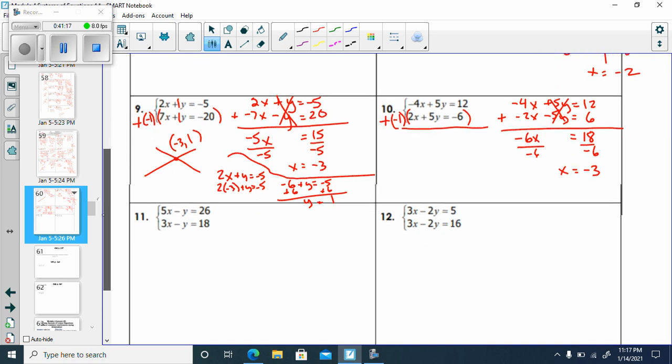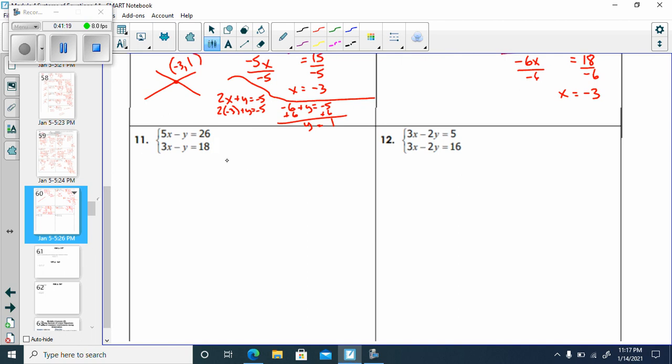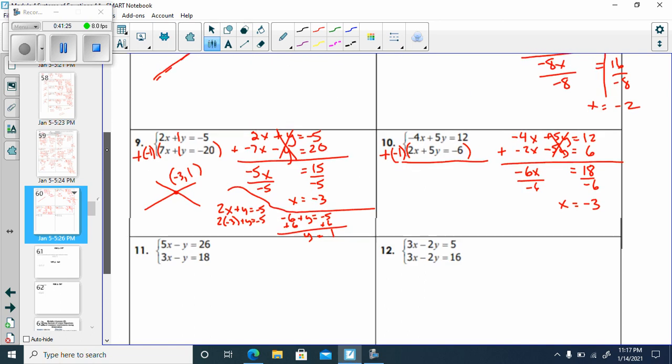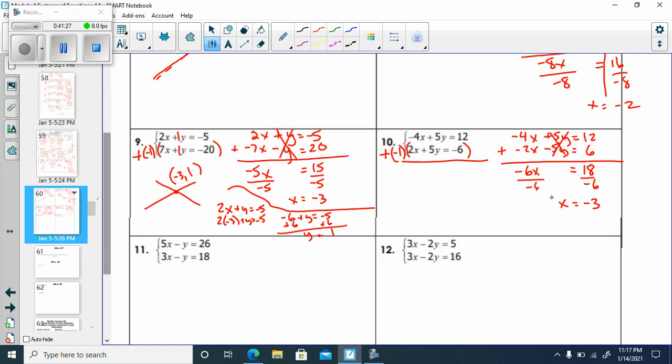Okay? Let's look at number 11. Do I have anything that says x is equal to or y is equal to there? Oh, by the way, we got x. We didn't get y here, did we? Sorry about that. We need where our two lines intersect. We've got our x, which is negative 3. We need to get our y. To get our y, let's plug it into one of these equations. Negative 4x plus 5y equals 12.